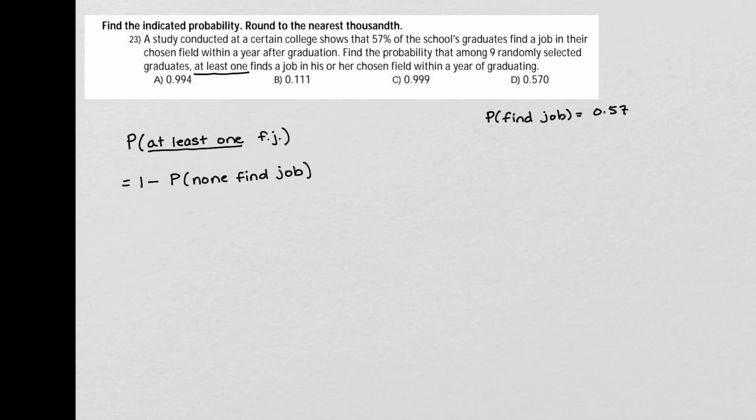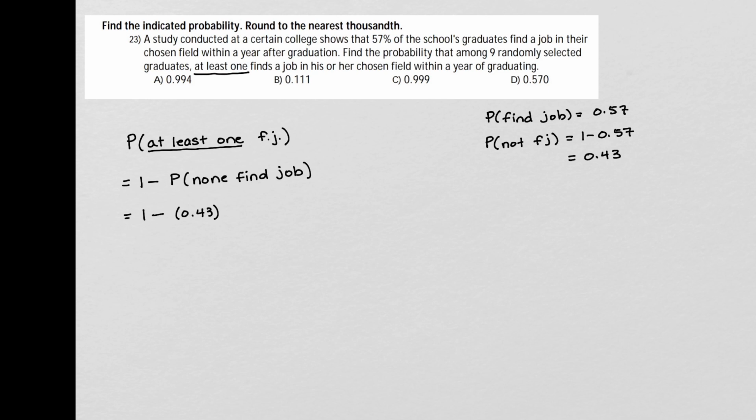So if 57% find a job, the probability of not finding a job is going to be 1 minus 0.57 for an individual, and that's 0.43. So I'll use that here in my calculation. 1 minus the probability that none find a job, so that means the first one does not find a job, and that's 0.43.